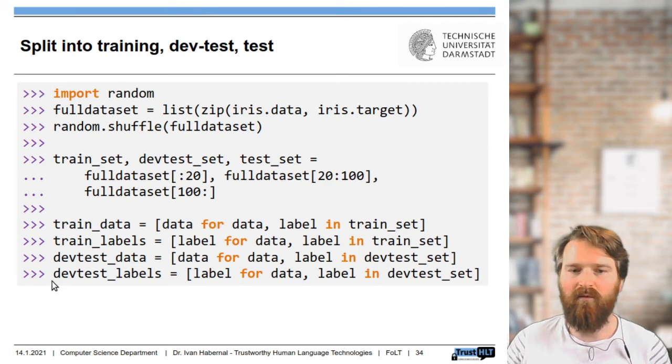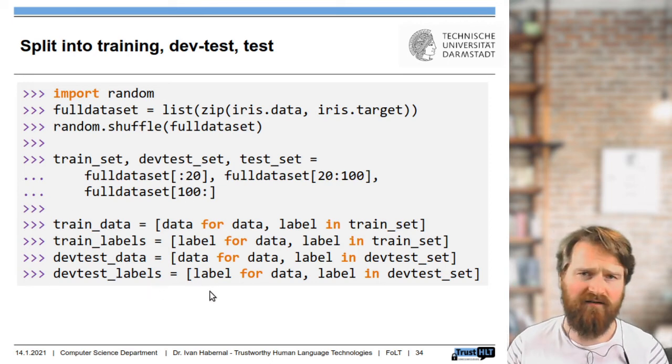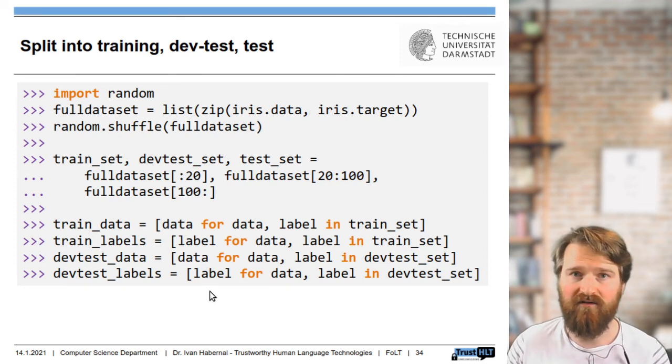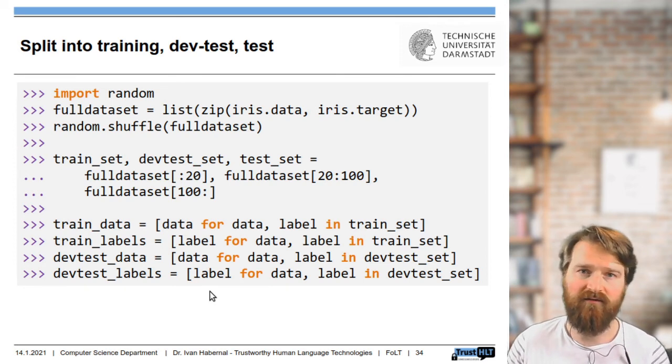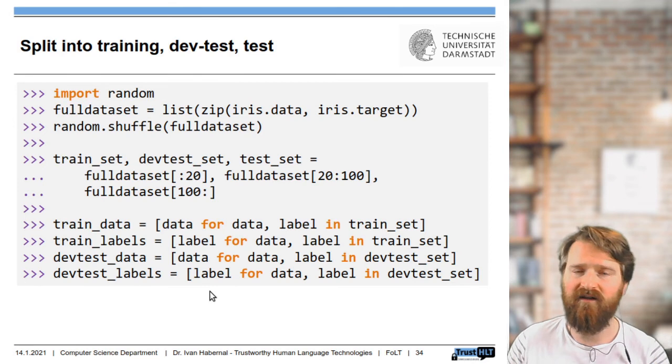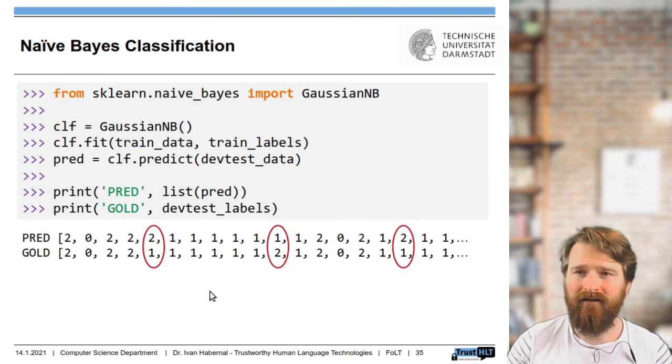This is how we create our data sets. There are different ways you can do that. Some frameworks also provide automatic splitting into train, dev, and test, or cross-validation. Scikit-learn also has methods where you say, I want to run cross-validation on that, the K-fold is such and such, and you can do that.